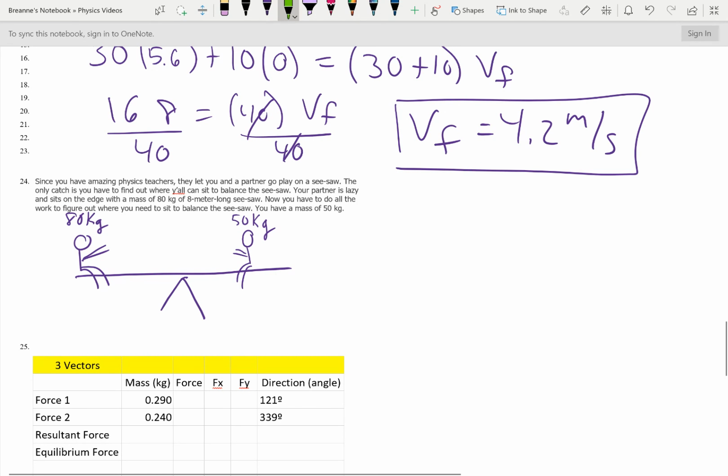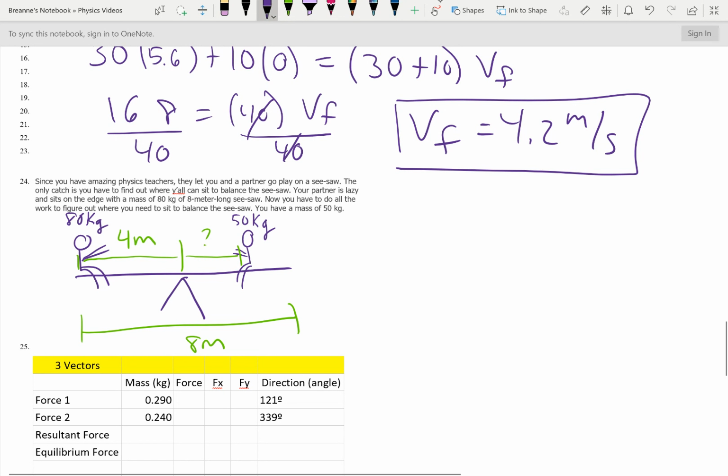And it says that the whole entire thing is 8 meters. So if they are sitting on the edge, that means they are 4 meters from the pivot point. And we don't know how far you need to sit.